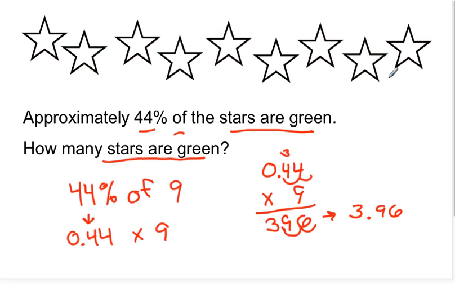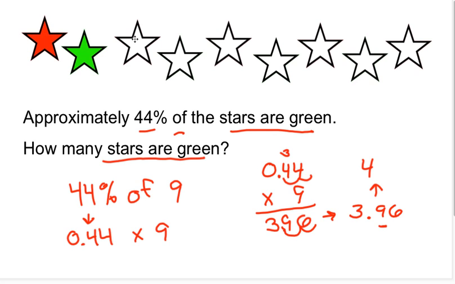But we can't get 96 hundredths of a star, so what we're going to do is take this and round it to 4, okay? Because that would be reasonable based on the 9 in the tenths place telling the 3 to go up to a 4. So now let's check and see if we do have 4 stars that are green. Oh, we have a red one.